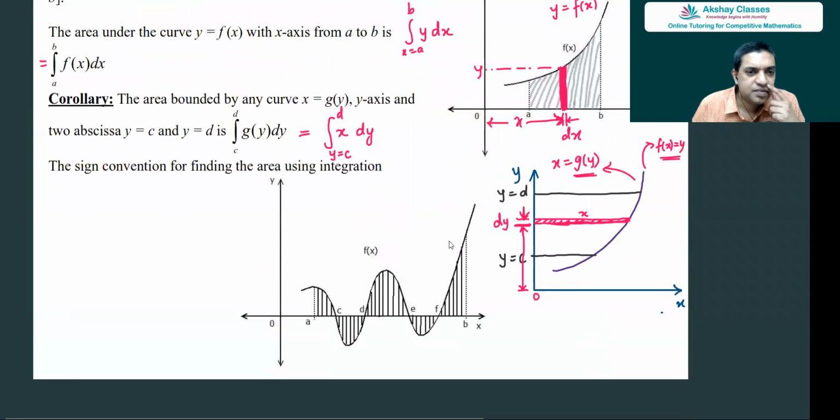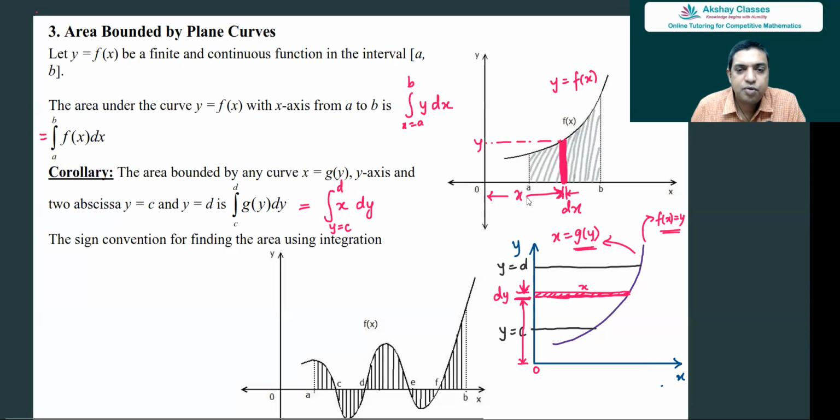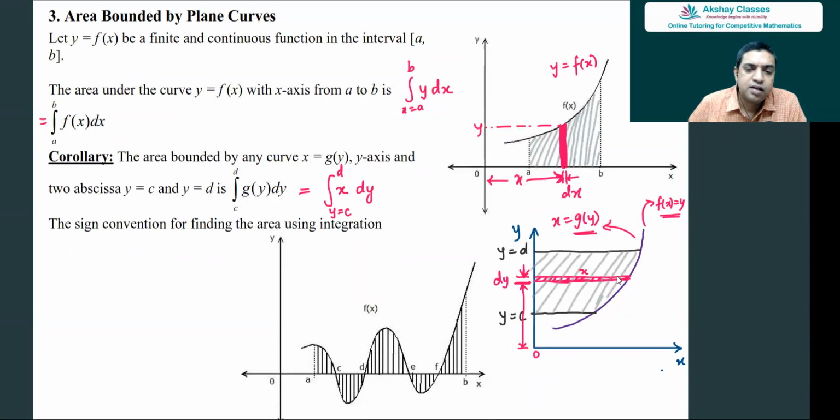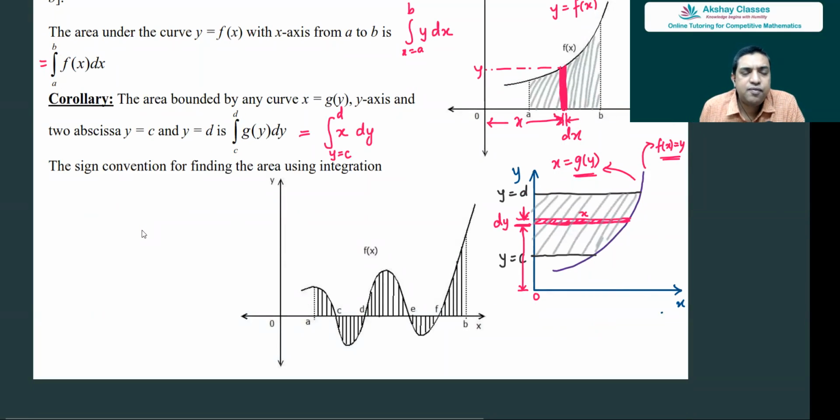Next. So this is area bounded with the x-axis, area bounded with the y-axis. So with area bounded by the y-axis, we'll get this entire area, this shaded portion. Now, suppose the function changes sign. If the function changes sign from positive values to negative, then positive, then negative, then positive, then how to do this?